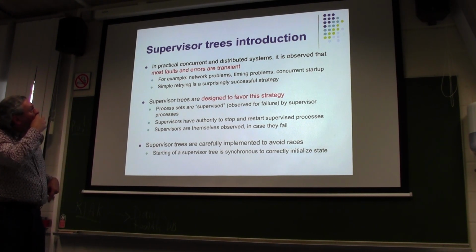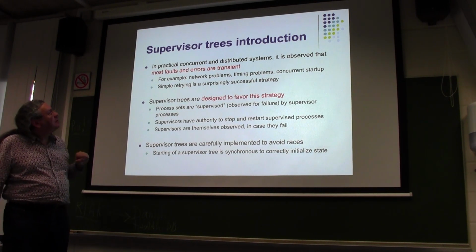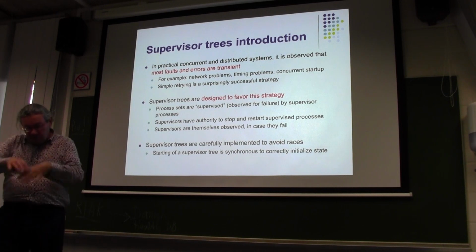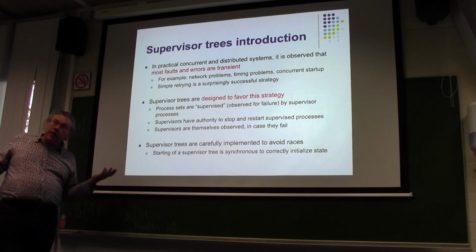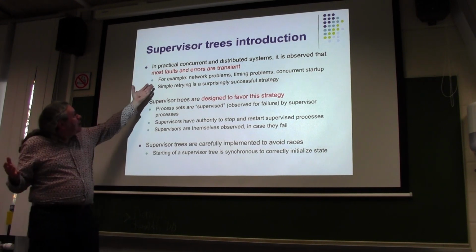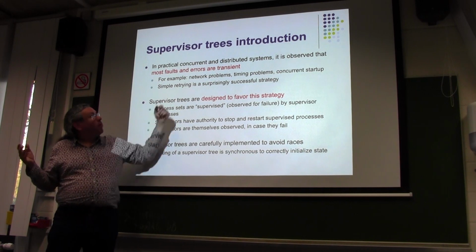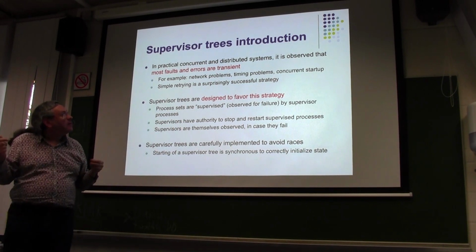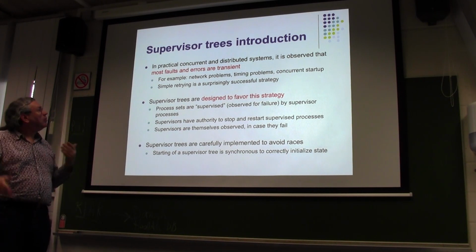Okay? So supervisor trees. What's the idea? I have a system that's running. And one observation is most errors are transient: network problems, dropped packets, timing problems, concurrent startup, out of order.